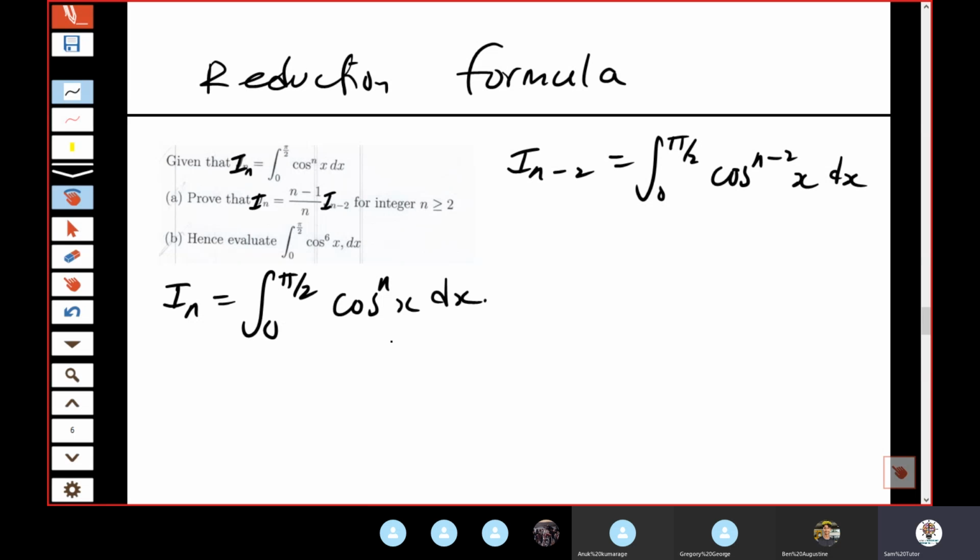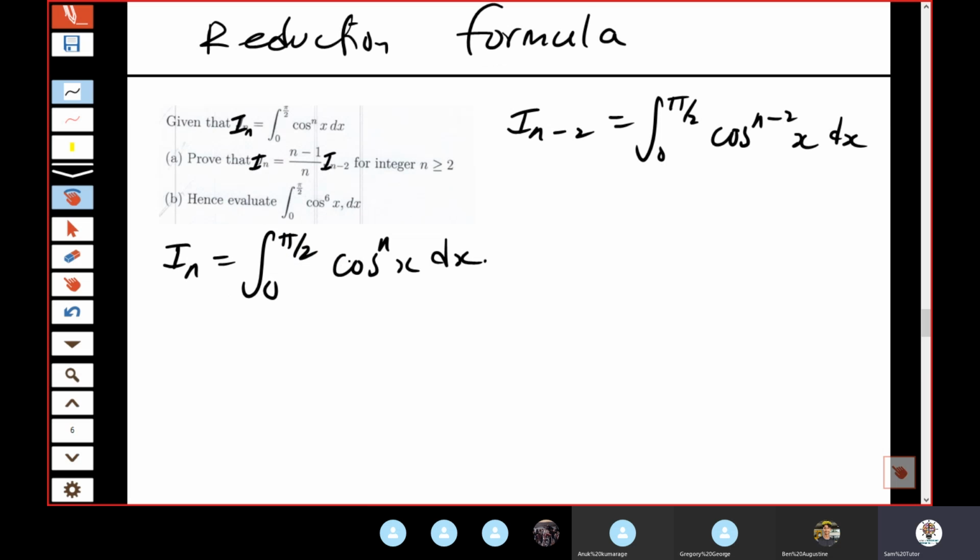In is this. For your first step, sure, you could have said u is this and then dv is dx, and you would have introduced x, and you're just going to create a big mess. What you want to do is split this up using index laws.